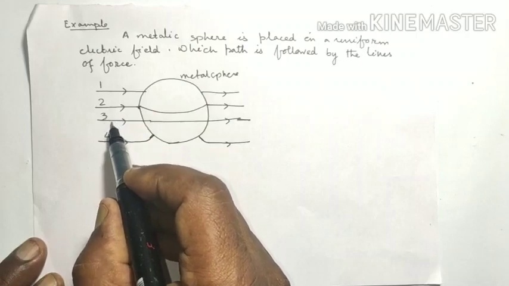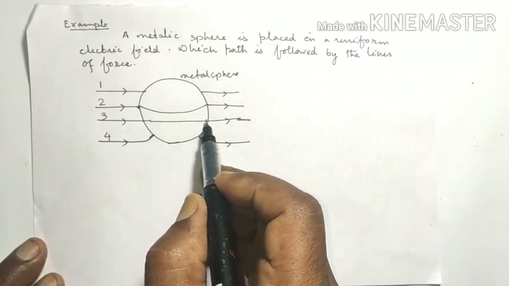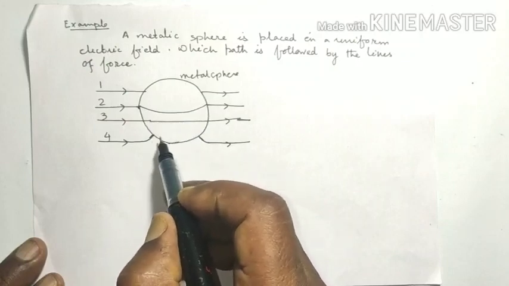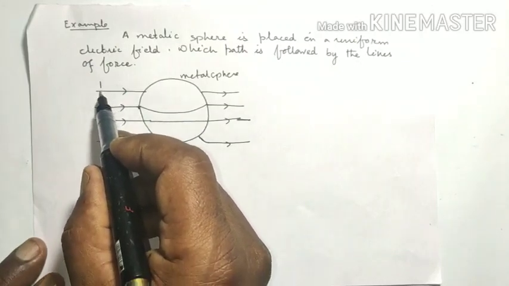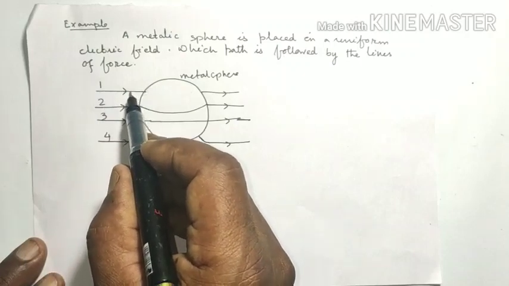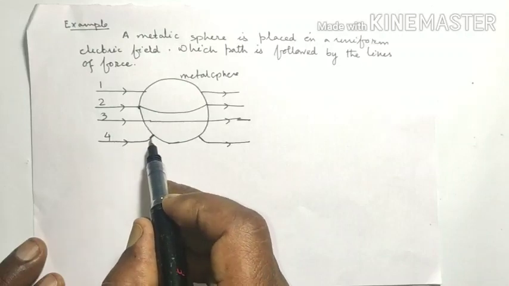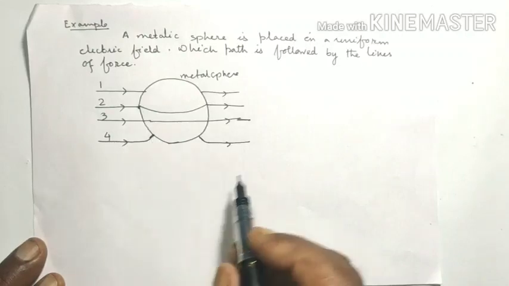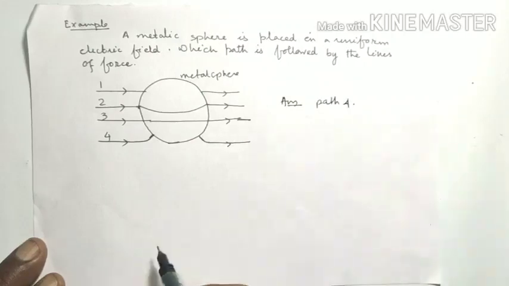So cases 2 and 3 are not valid, because here lines of force pass through the sphere. Then 1 and 4. In case 1, the lines of force meet the surface obliquely, but in case 4 they meet the surface normally. So the answer is path 4.